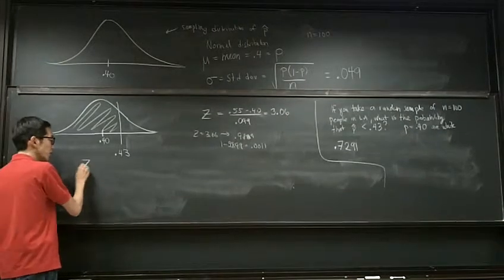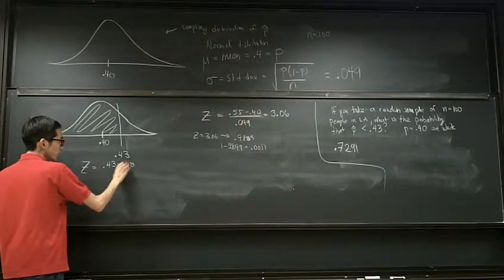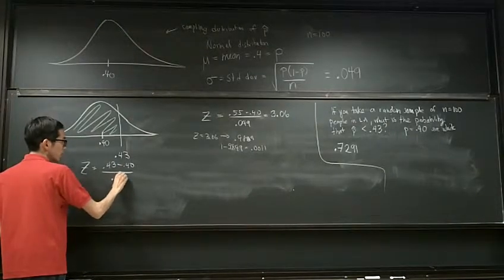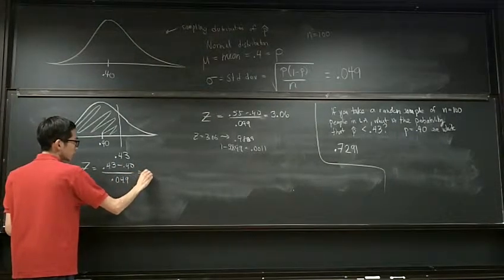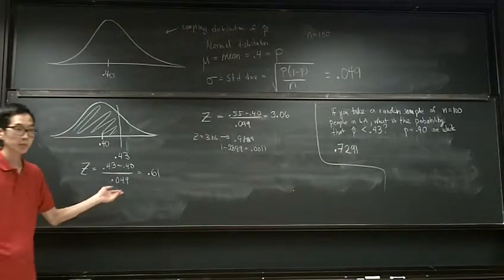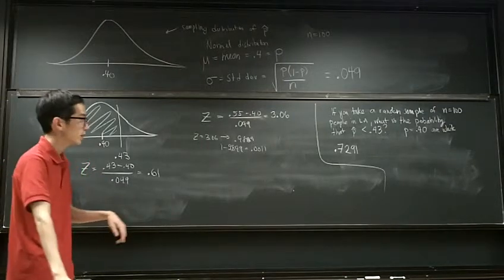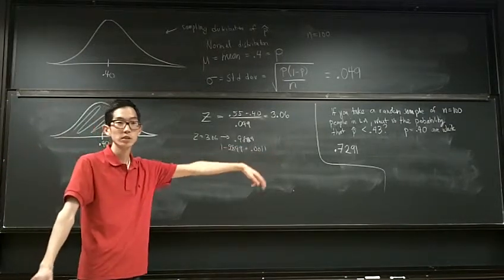So I get a z-score: 0.43 minus 0.40 divided by 0.049. And I get a z-score of 0.61. I look up 0.61 in the Z table, and I get 0.7291.